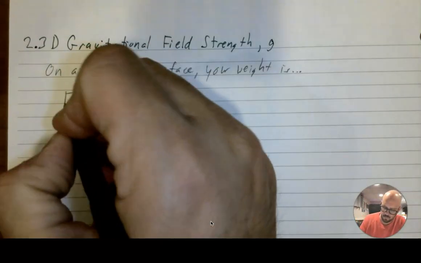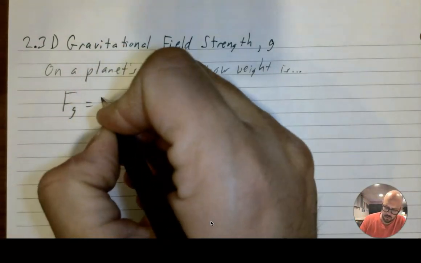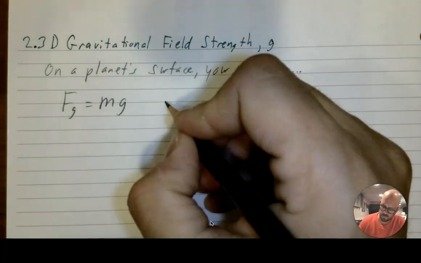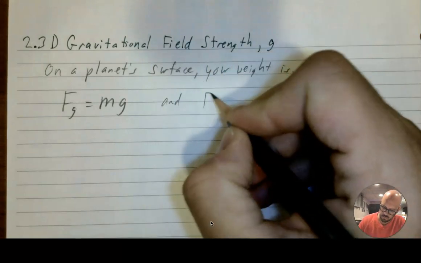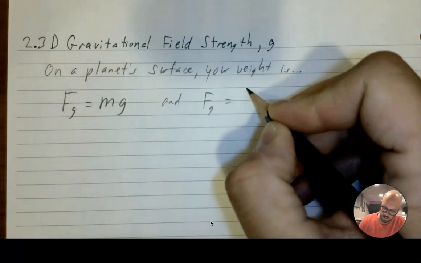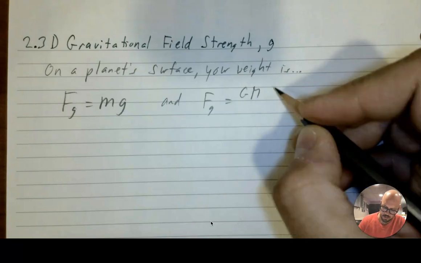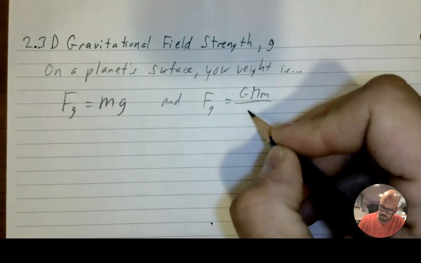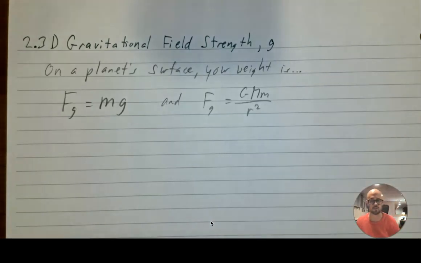We have the force of gravity on you, which is your mass times the value of little g. And your weight is equal to the gravitational constant times the mass of the planet you're on times your mass, divided by the radius of that planet squared.